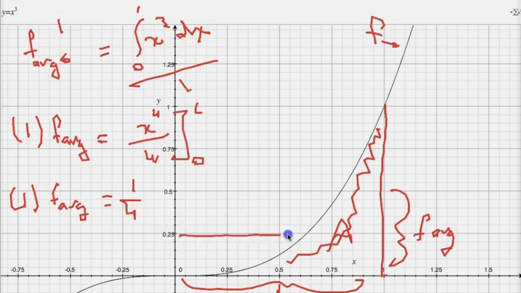So that is the average value of the function between 0 and 1. And we also now know that this rectangle here is equal to the area under the curve. So that's a good way to remember how this works if you don't remember it using the average slash limit approach that we did on the other screen. So that's how the average value of a function works.